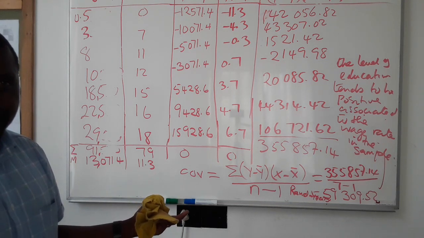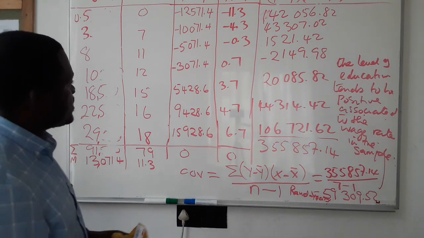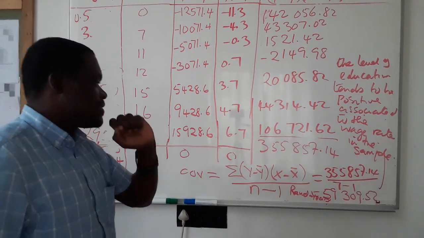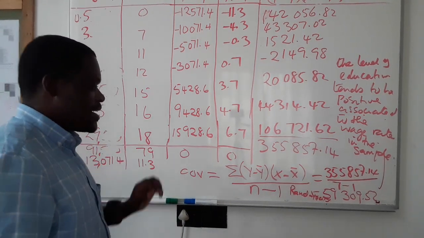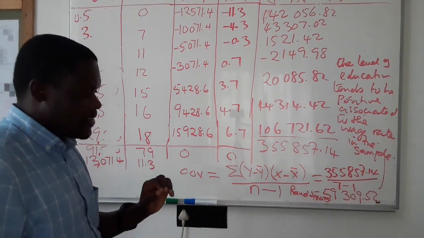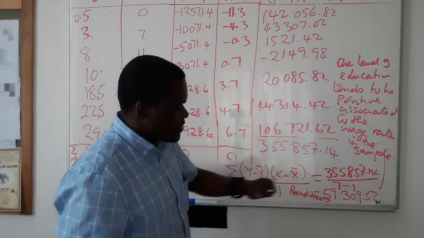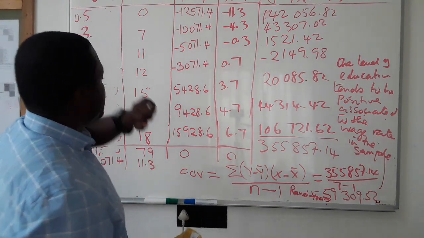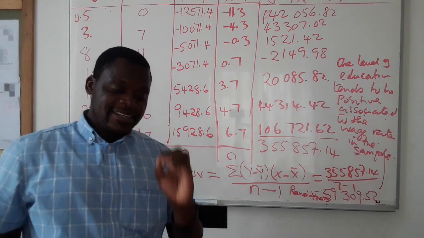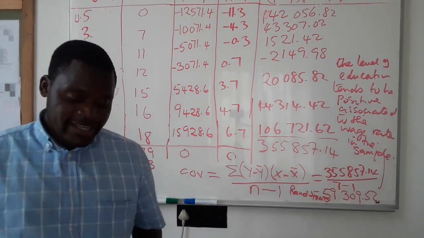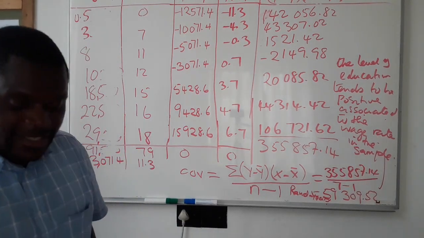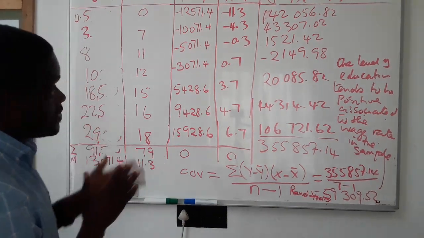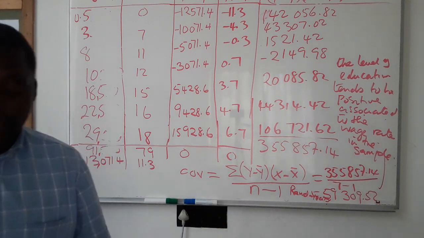It's difficult to interpret, right? So what generally happens is that economists or econometricians want to find a measure that is not sensitive to units of measurement and that is not sensitive to the scale of measurement, and that measure is called correlation. So that means it takes us into the study of correlation. But essentially, this is your covariance. That's all you need to know.